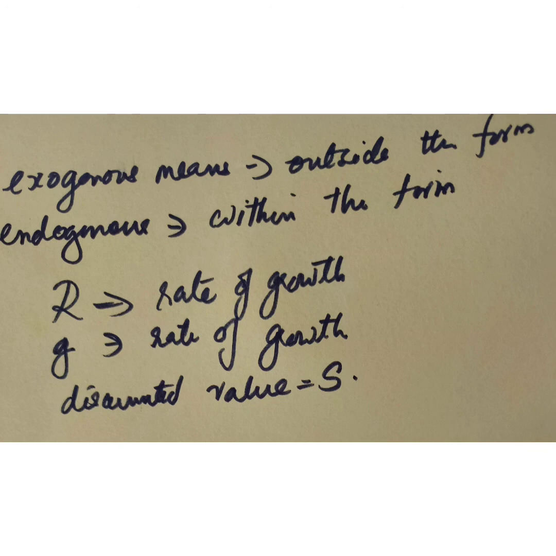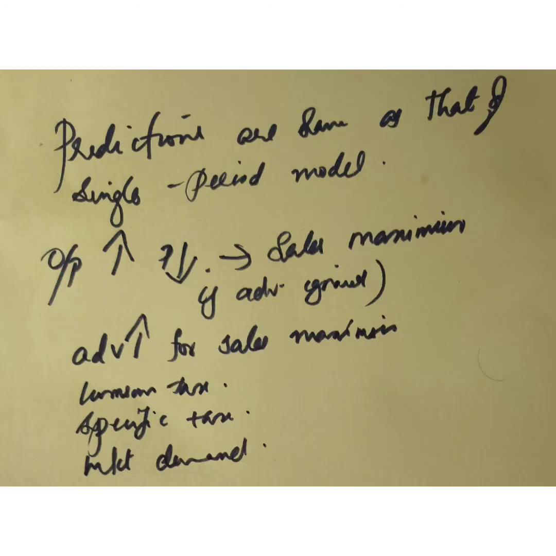Output will be higher and price lower for the sales maximizer than for the profit maximizer if advertising is ignored. However, with advertising taking place, there may be conditions under which these predictions will be different. Advertising expenditures will be higher for the sales maximizer due to the assumption of a monotonic positive relation between sales revenue and advertising expenditure. An increase in overhead cost will lead to a reduction in output and an increase in price.